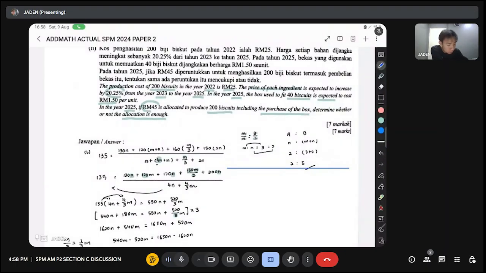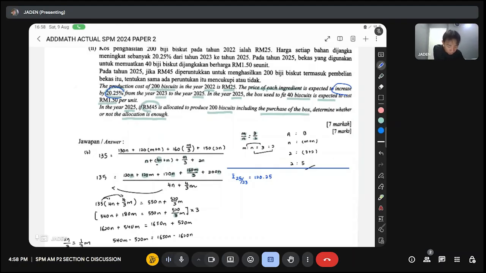From the first statement, it tells me that the composite index of year 2025 based on 2023 is 120.25. Now this is because they say expected to increase by 20.25% from the year 2023 to 2025. So this is what I get as a result for composite index of 25 based on 23. I get 120.25.